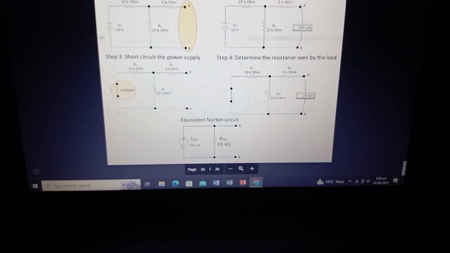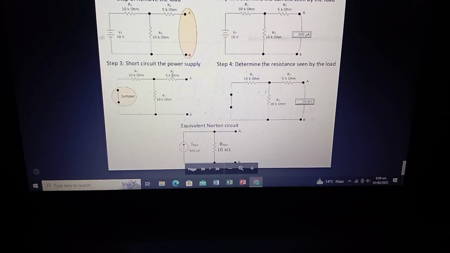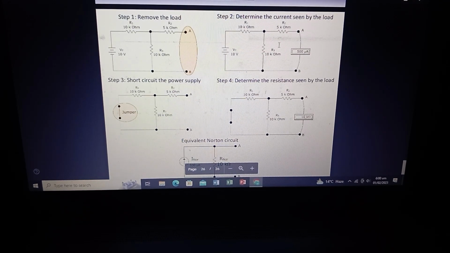Here also we have 4 steps. The first one is to remove the load. Second, determine the current seen by the load. Third, short circuit the power supply, and the fourth step is to determine the resistance seen by the load. So first of all, we remove the load. In the second step, we determine the current seen by the load.